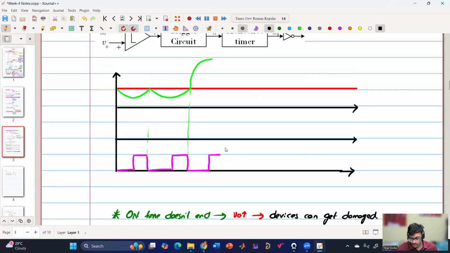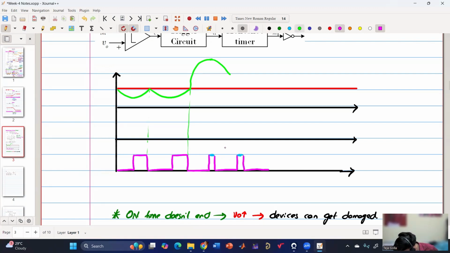So now what we are doing, instead of giving on time, we will again check for minimum on time. And we will see, okay, V naught is above V reference, we need to turn off. So now we are turning off for a fixed off time. And then it tries to count down, and then the on time will start. And then we'll check that, okay, for minimum on time we have to turn on because it is still above, and then the off time starts.